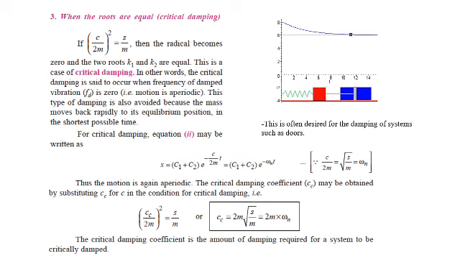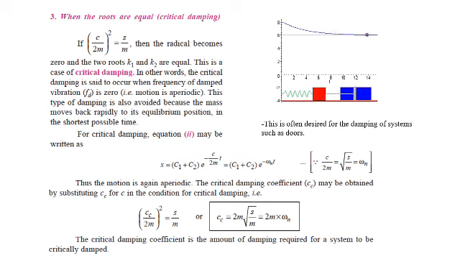Now put the values there, two equal terms, then you will get c by twice m squared is equal to s by m. You can put value of c as cc, because the critical damping coefficient may be obtained by putting cc for c as a condition of critical damping.